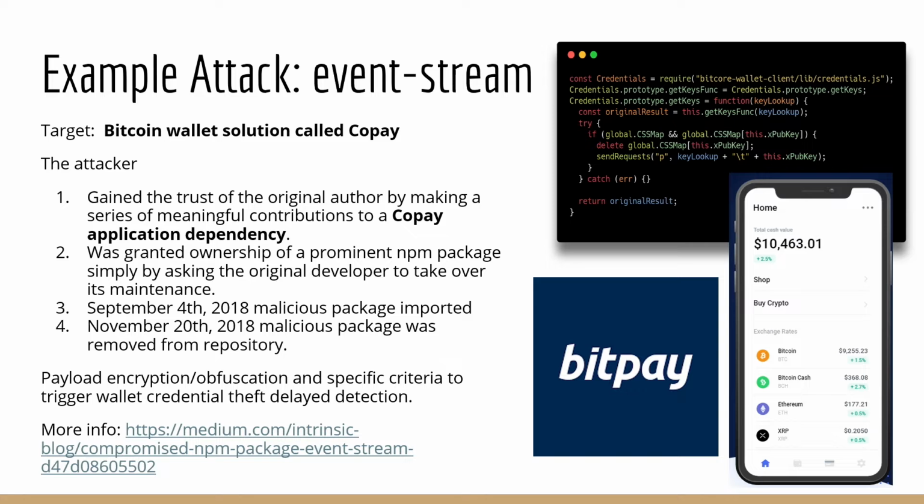I wanted to go through an example attack. This is an attack that happened maybe 2 years ago with the EventStream open source solution. Basically, EventStream was a dependency of a Bitcoin wallet called Copay. What happened was the attacker made some really meaningful contributions to the EventStream project.